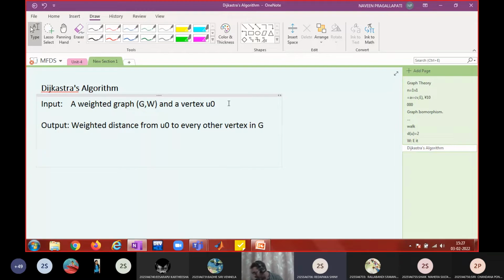I'm thinking whether to write the algorithm or demonstrate it. Let me write down the algorithm, then you can refer to that algorithm in case I'm making any mistake here.